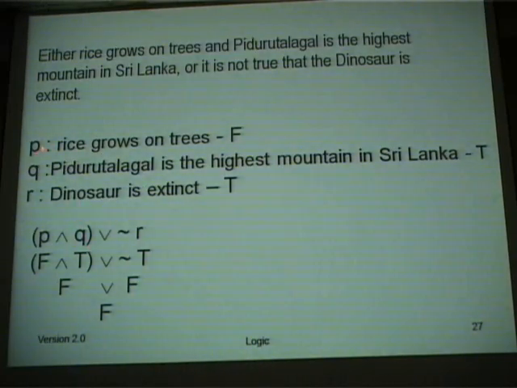If I represent this one by P, this one by Q, and this one by R, and you know the truth values: this is false, this is true, this is true. Then this is the equivalent form, and you can apply a truth table to determine its truth value. So we determine the truth value not based on the meanings, but based on the symbolic logic.